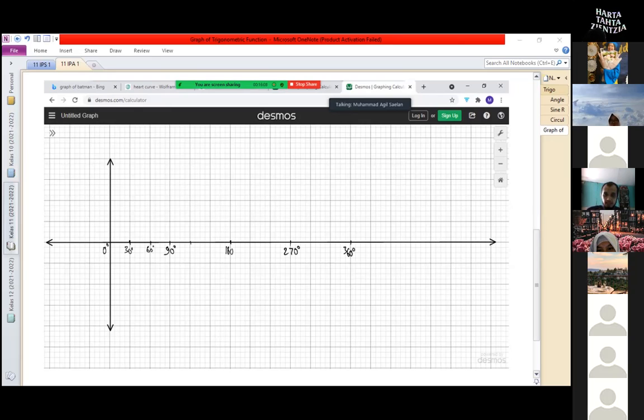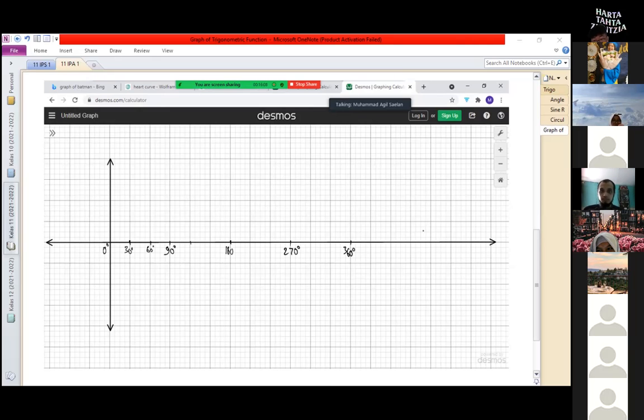So I'll just use one of your work to show. Or actually, I'll just redraw the table, yeah.